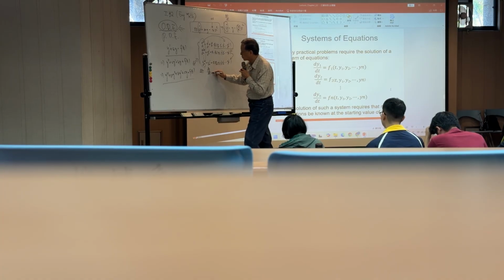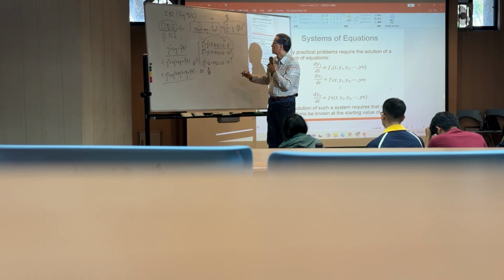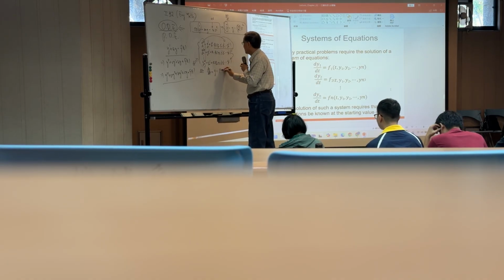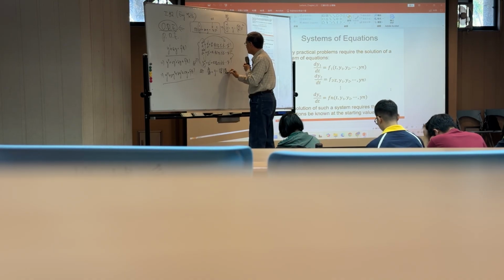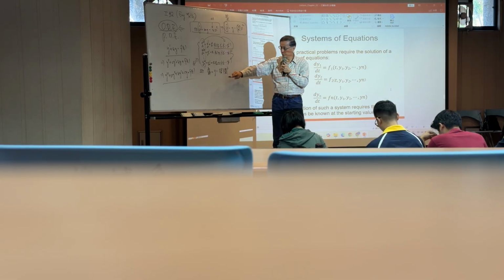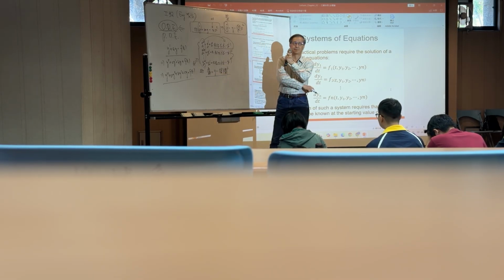Okay, this is true. So this is equal to g minus cd over n, and this is dy over dt squared. The original problem is the second order differential equation, right?